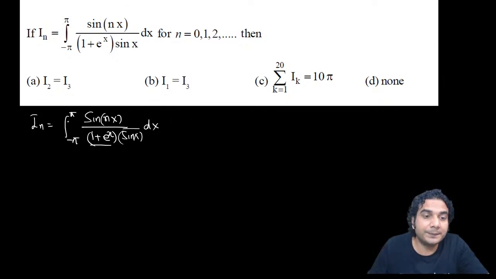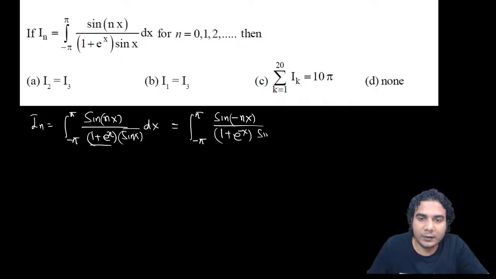So if you apply King's rule, a plus b minus x, so minus pi to pi, a plus b is 0, so you can replace x by minus x. So it is going to be sine of minus nx divided by 1 plus e raised to minus x and sine of minus x, all right?